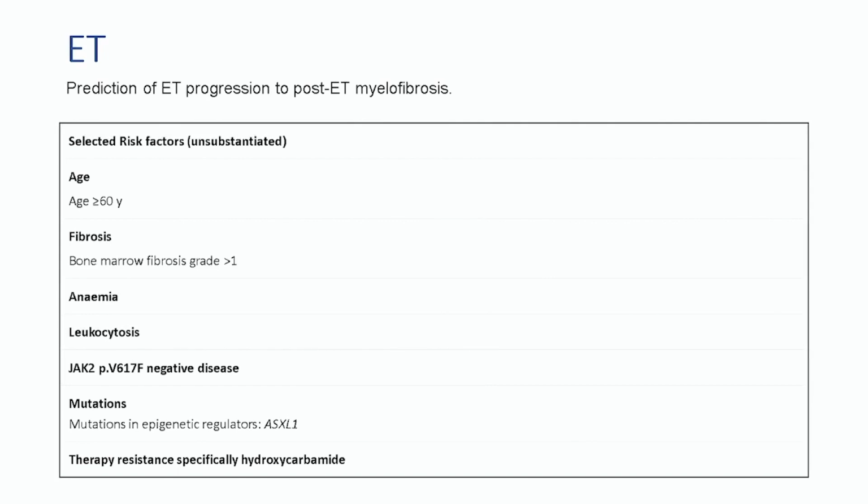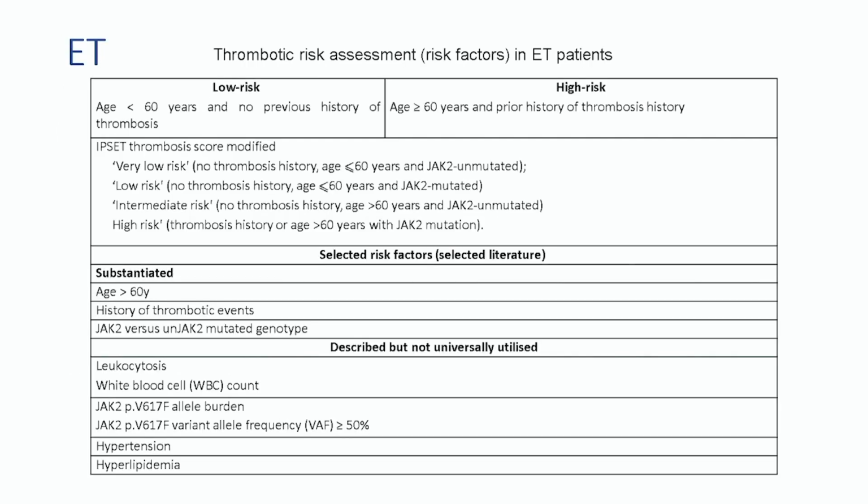They say that age more than 70, presence of fibrosis, more than one anemia, leukocytosis, JAK2-negative disease, another extra mutation in an epigenetic regulator such as ASXL1, and therapy resistance, specifically to hydroxycarbamide, are risk factors for the patient to transform to myelofibrosis post-ET.